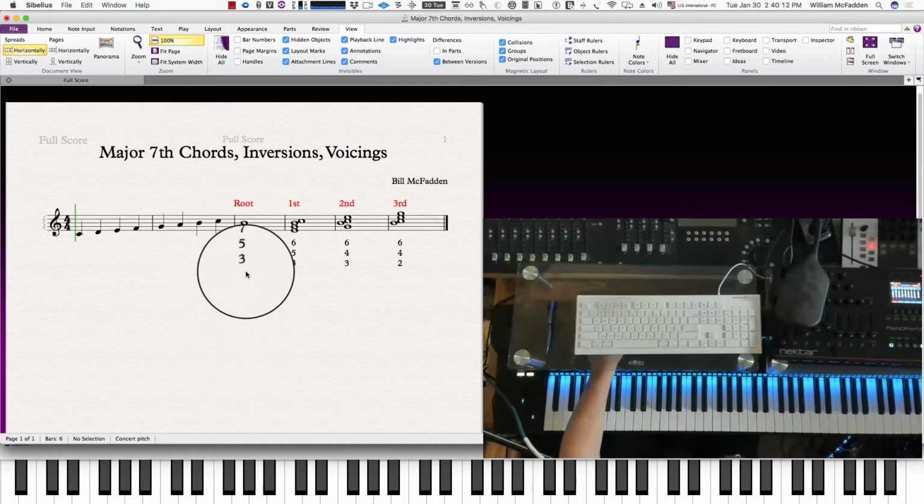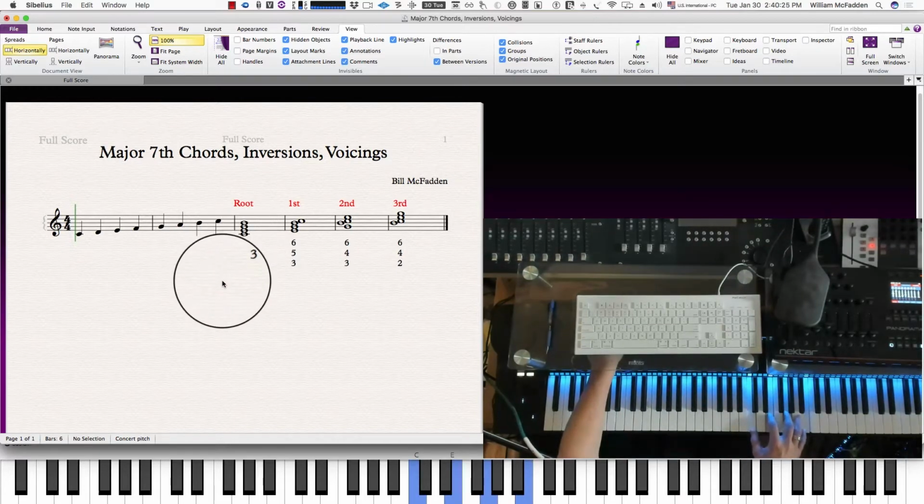So now the notation for a root position is 7-5-3. Now where that comes about, if you take the C major 7, by the way, for the C minor 7, you just take the 7th note and diminish it.